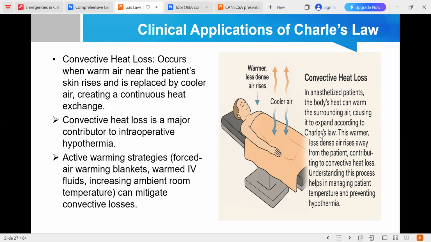And this is a major contributor to perioperative hypothermia. So because of Charles' law, you need to also ensure you have active warming strategies, first by forced air warming blankets we mentioned the other day, warm IV fluids and all that. So this is to mitigate convective heat losses as explained by Charles' law.